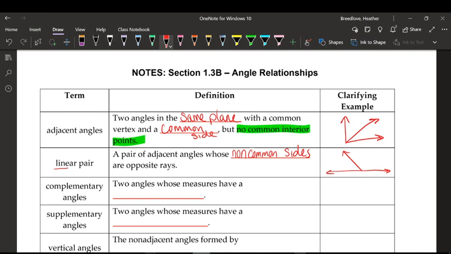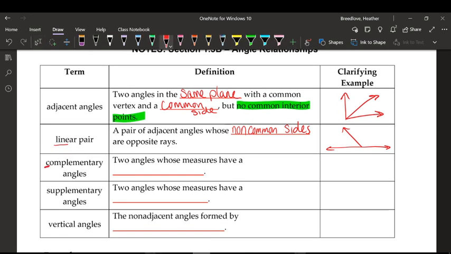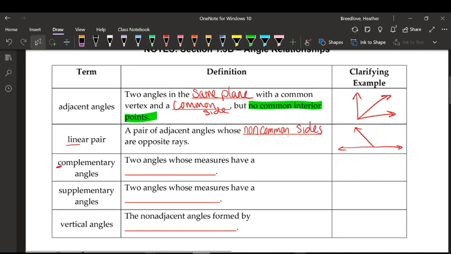And then complementary angles is next. Complementary starts with a C. So does the word corner, starts with a C. And when you think of a corner, maybe you would think of 90 degrees, because a corner, right, 90 degrees. So, two angles whose measures have a sum of 90 degrees. They don't have to be touching. There's just any two angles.